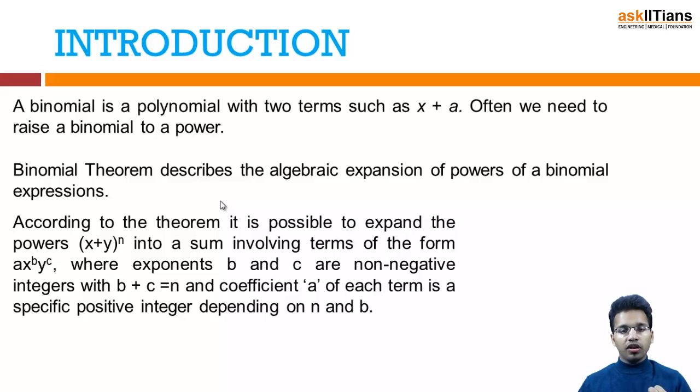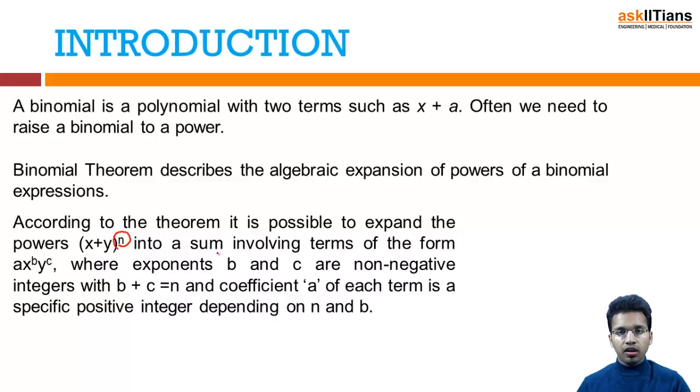So the binomial theorem gives us the possible solution, how easily we can expand according to a given formula that we will derive soon. It says that for x plus y raised to power n, suppose the power is 800, then n will become 800.